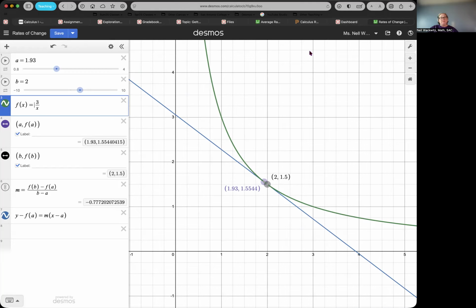What you're going to do now is finish the exploration and answer some questions. The questions are asking where, if the slope of the secant line changes sign from positive to negative or negative to positive, does it change? And if it doesn't change, what sign does it have?